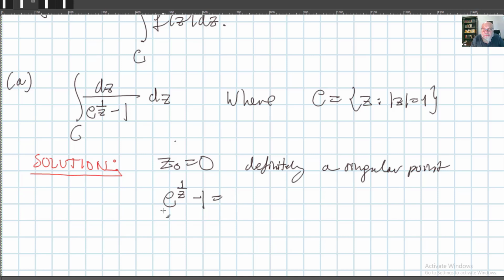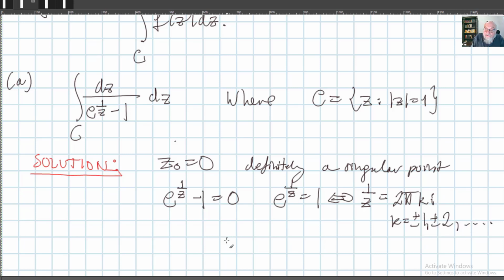So we can solve this equation, e to the 1 over z is equal to 1. And then you see that this is equivalent to 1 over z being equal to 2 pi k i, and I have to exclude 0 again, so k is plus minus 1, plus minus 2, etc.